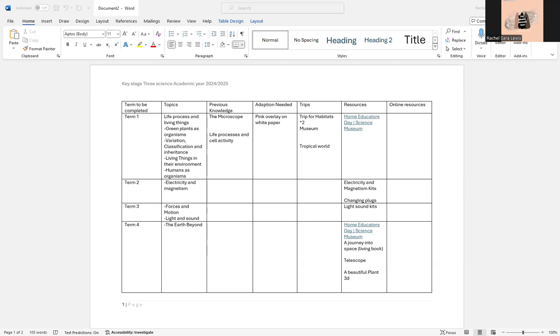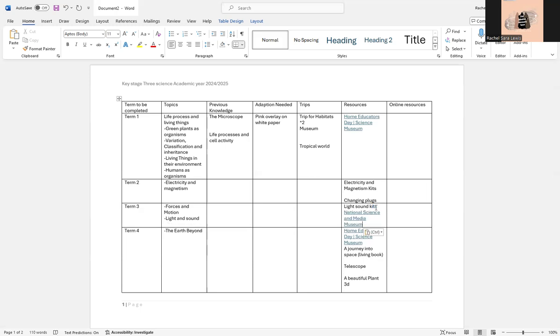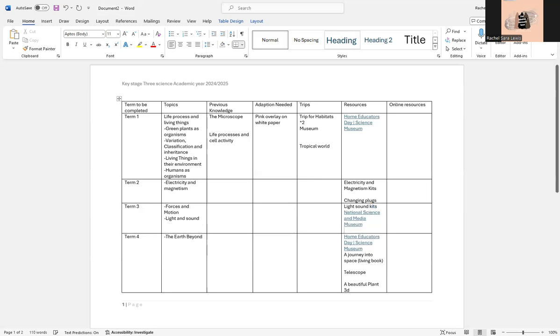And we will do what they are doing, but they are changing quite a lot of things there. I think exhibits are changing, but we have things like sound. So when we're doing light and sound kits, for instance, she'll be going here so that she can see the sound and vision project.